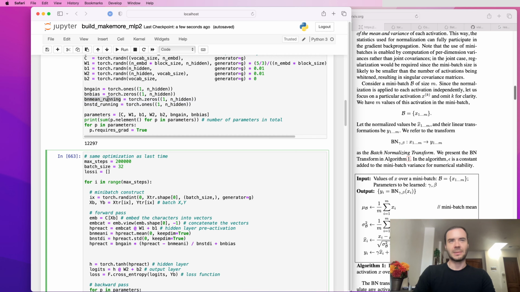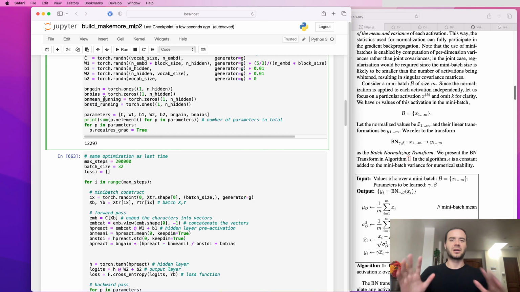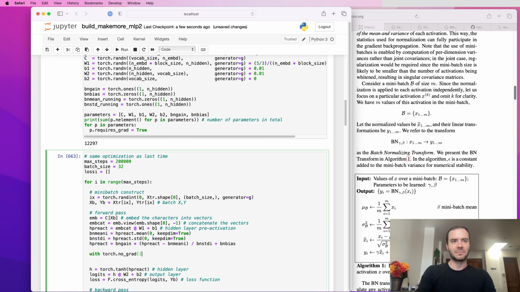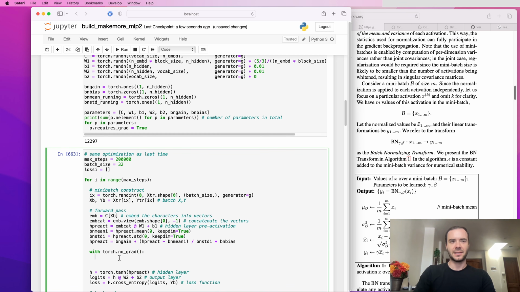But then here, I'm going to update these. And in PyTorch, these running mean and standard deviation are not actually part of the gradient-based optimization. We're never going to derive gradients with respect to them. They're updated on the side of training. And so what we're going to do here is say with torch.no_grad, telling PyTorch that the update here is not supposed to be building out a graph because there will be no .backward.